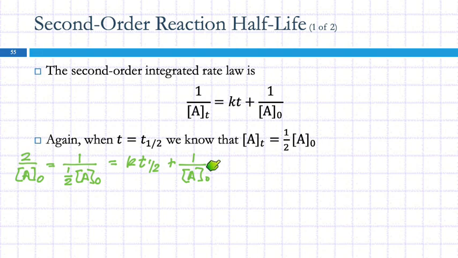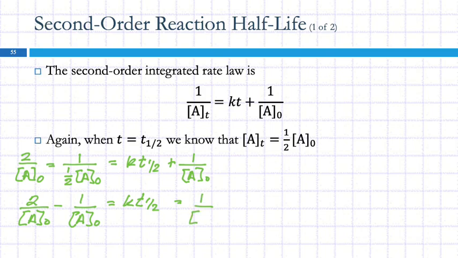So I can subtract this from both sides. I'm going to get 2/A0 minus 1/A0 is equal to k T1/2. Well, thankfully, that has a common denominator, right? So that's just equal to 1/A0.